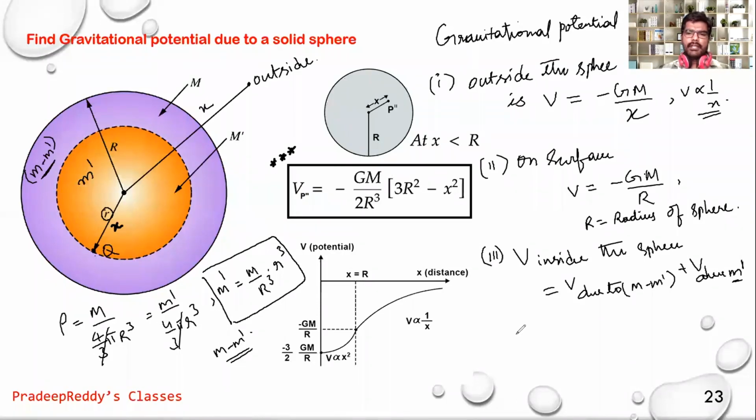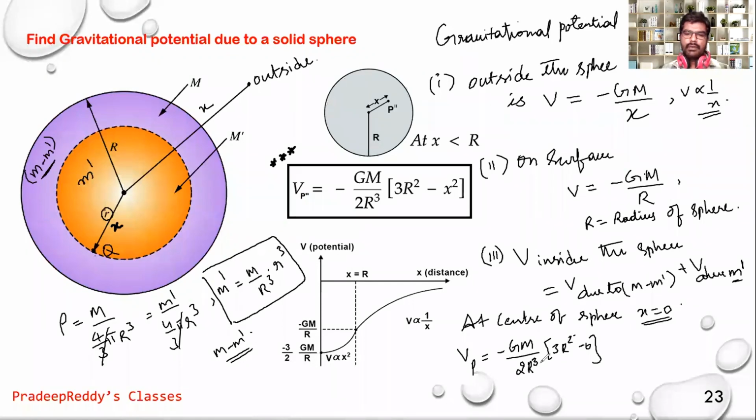Now, you can take x is equal to 0 at the center. At the center of the sphere, x is equal to 0. If I take x equal to 0 in this equation, what do you get? Gravitational potential will be equal to minus capital G, capital M divided by 2R cube into 3R square minus 0.